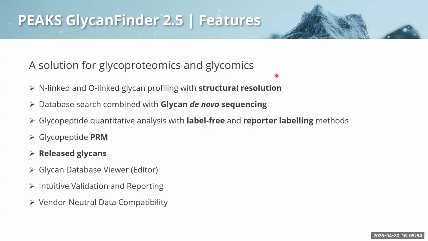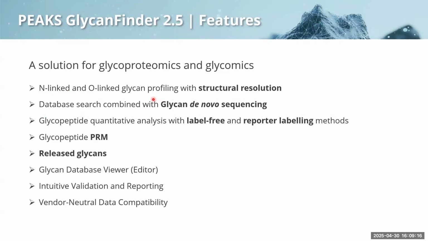So just at a glance, some of the key features that we provide in GlycanFinder 2.5 are both N-linked and O-linked glycan profiling with structural resolution. So we report the glycans as structures and not just compositions. We have a database searching strategy combined with glycan de novo sequencing.